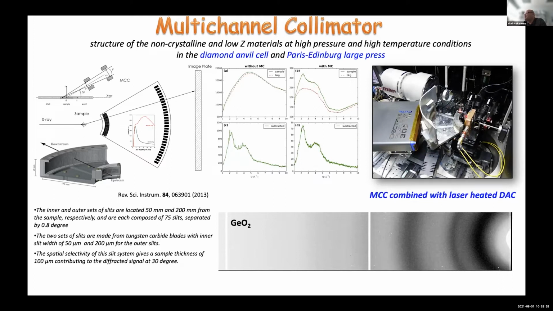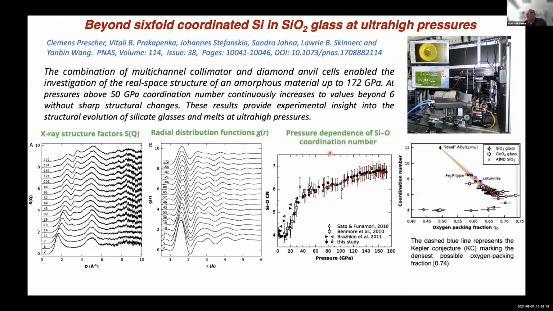And here is our setup, how it looks. We have a diamond cell, a laser heating system, the Soller slit, and a Pilatus detector. We found that this Pilatus detector fits exactly the size of the Soller slit. With this system, Clemens was able to reach 170 GPa starting from SiO2 glass.